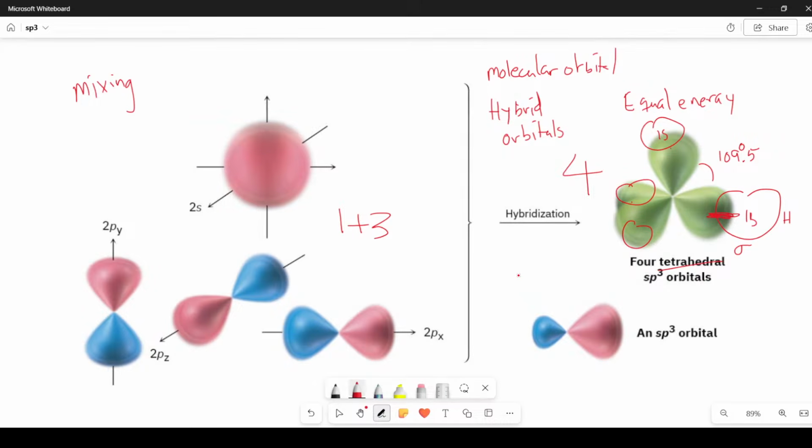This is how methane is formed, by sp3-s sigma bond overlap. So sp3 hybrid orbitals with the s of hydrogen make sigma bonds. That's hybridization: making orbitals for optimized overlap as well as optimized bond angles.